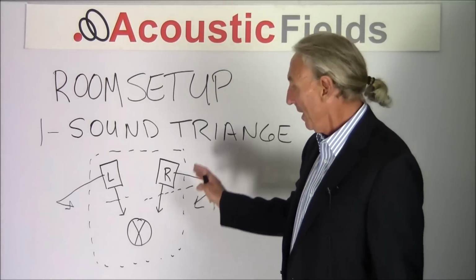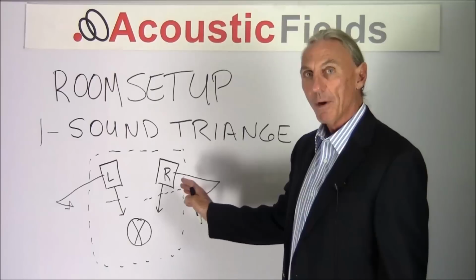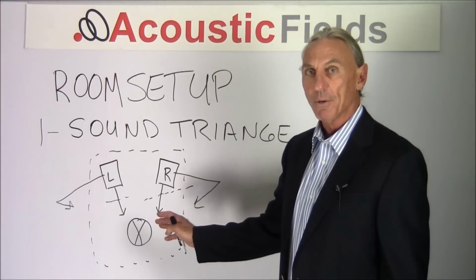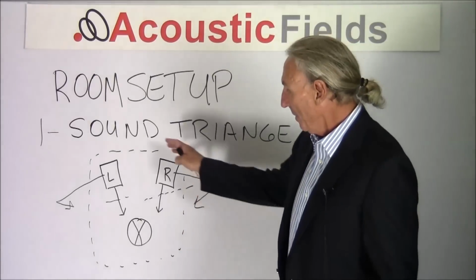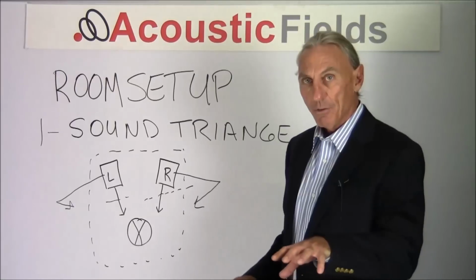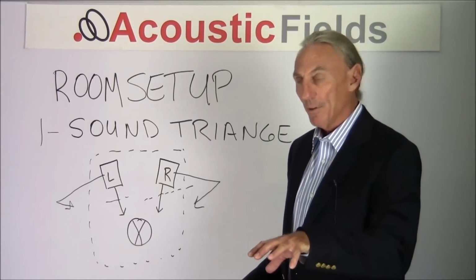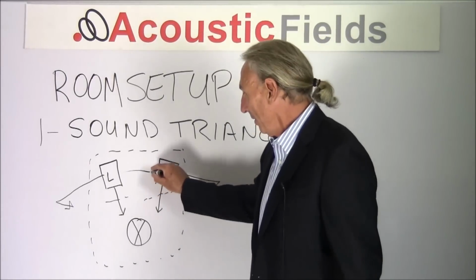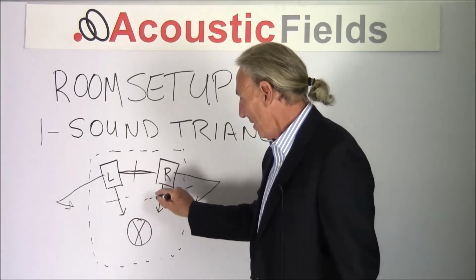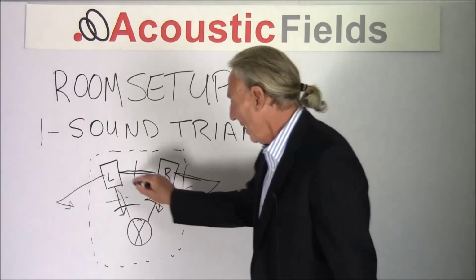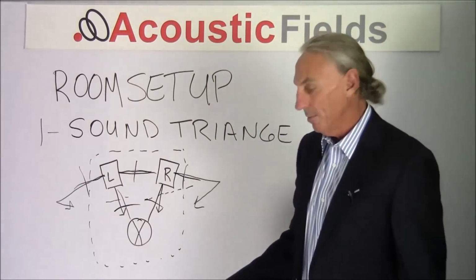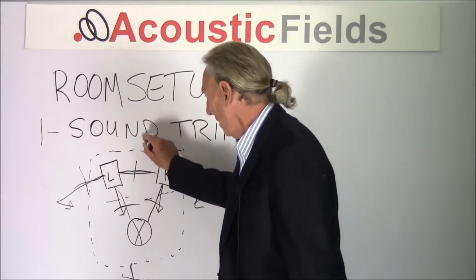But mainly, keep the left and the right channel and the listening or monitoring position as a single unit in your room. As you move it around, you're moving everything together. There's an equal distance here, here, and here, and then there need to be equal distances here and here for the room, and here, and here.